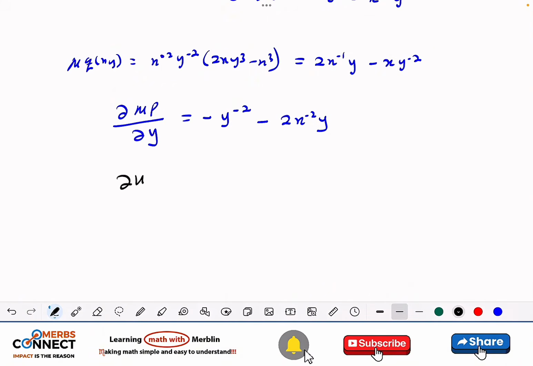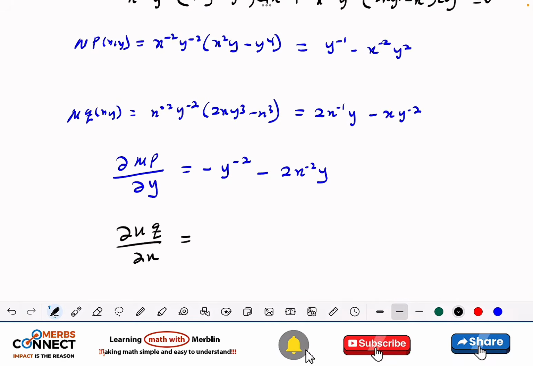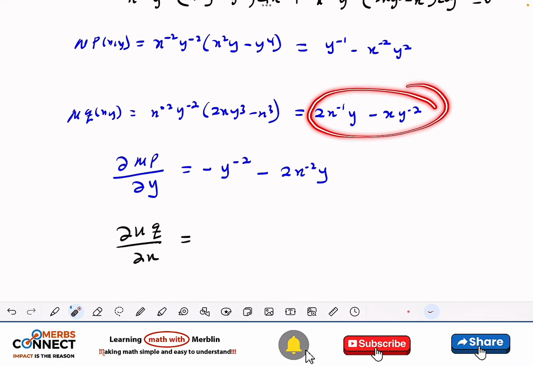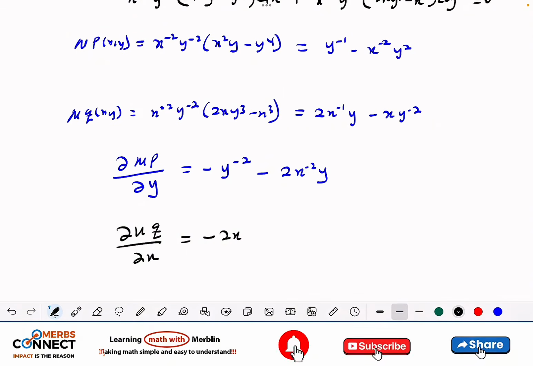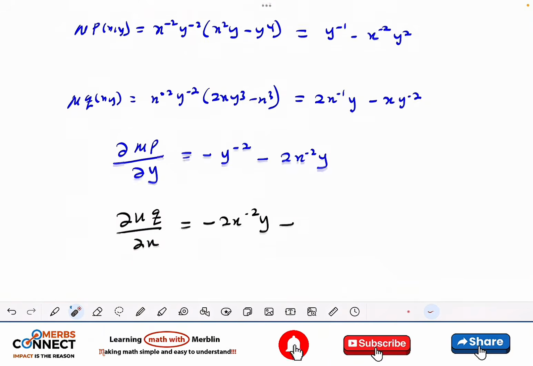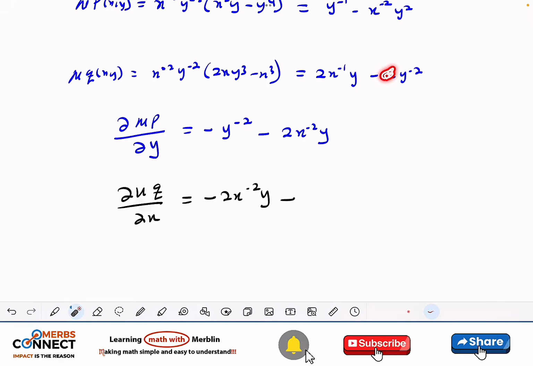Then go with mu k, but this one with respect to x. Now let's differentiate this with respect to x. Now do the same thing for this. The minus 1 drops down, so I'm going to have minus 2 x to the power minus 2, y. Then minus, differentiate this with respect to x, so the x goes away.